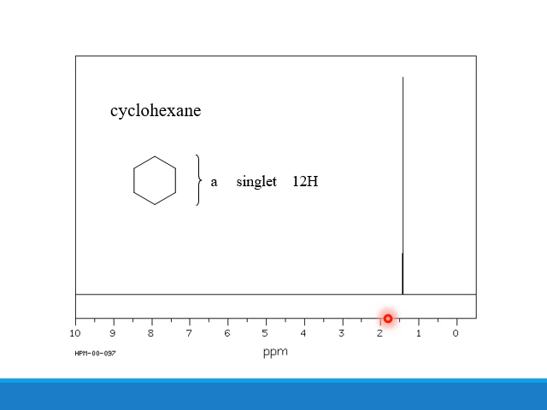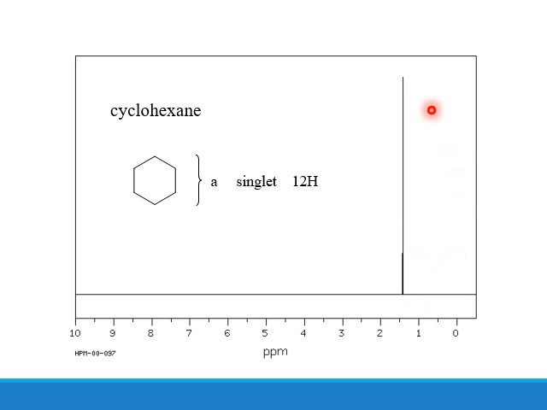So let's consider the NMR peaks of some compounds. For example, here in cyclohexane, even from the structure we can see that we have 12 equivalent hydrogens. That's why we have a single sharp peak in the NMR spectrum.